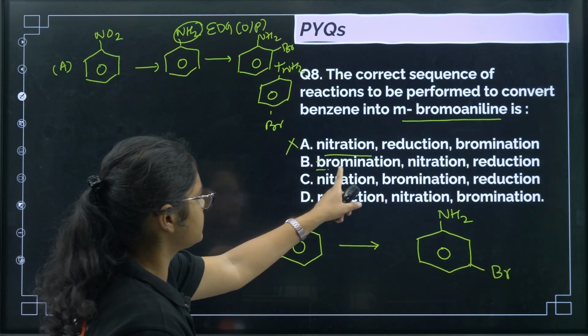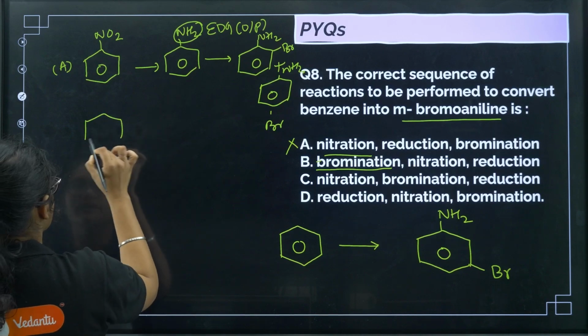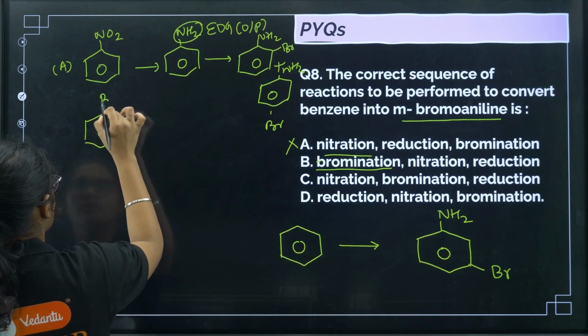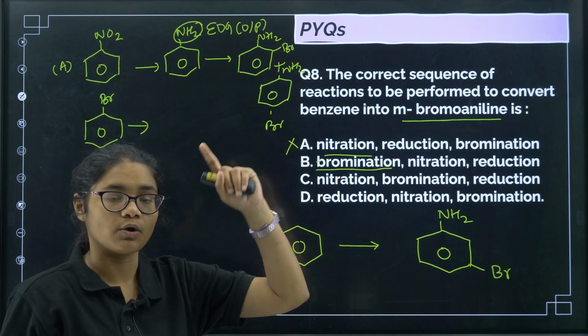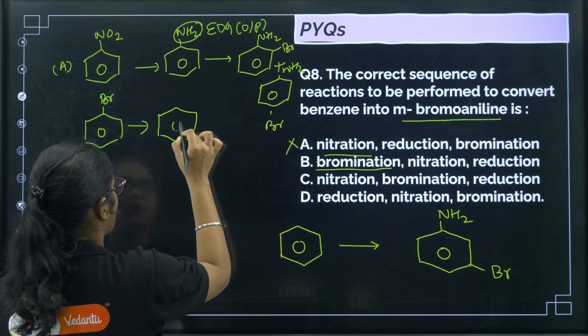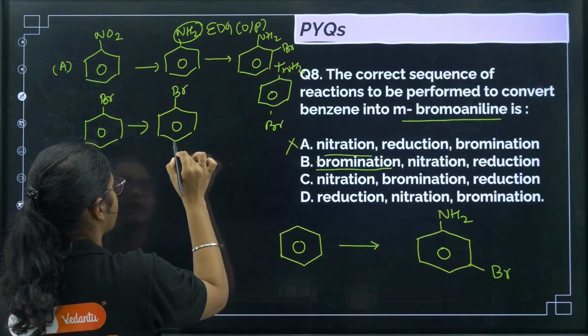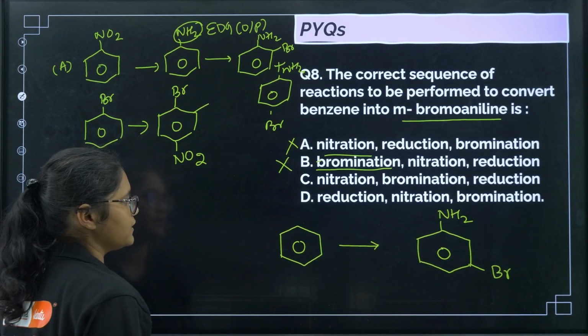Next one, first you do bromination. So first if I do bromination, I'll get Br. Then you do nitration. If you remember, the bromine group is also an ortho para directing group. So the nitro group will come here or here. So that means this also cannot be the answer.